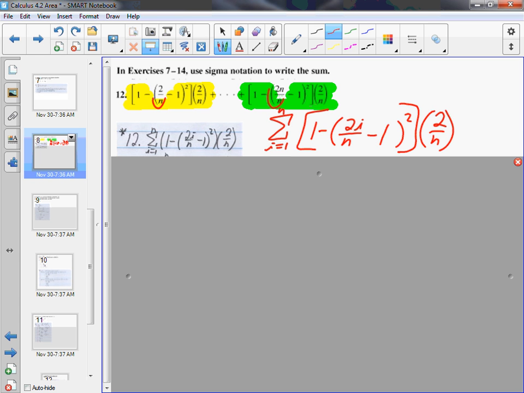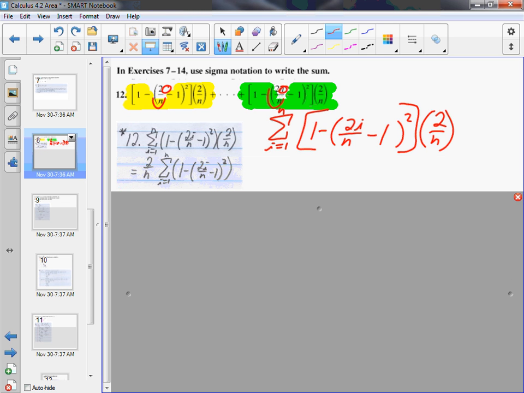The only thing that changed was here. That must be where the I is. Make sense? All right. So you're good with what I have written. Since 2 is a constant and n is a constant, if you want to factor those out and put them in front, that's okay too. If this were a quiz question, I'd be pretty excited that you got that. Wouldn't you?